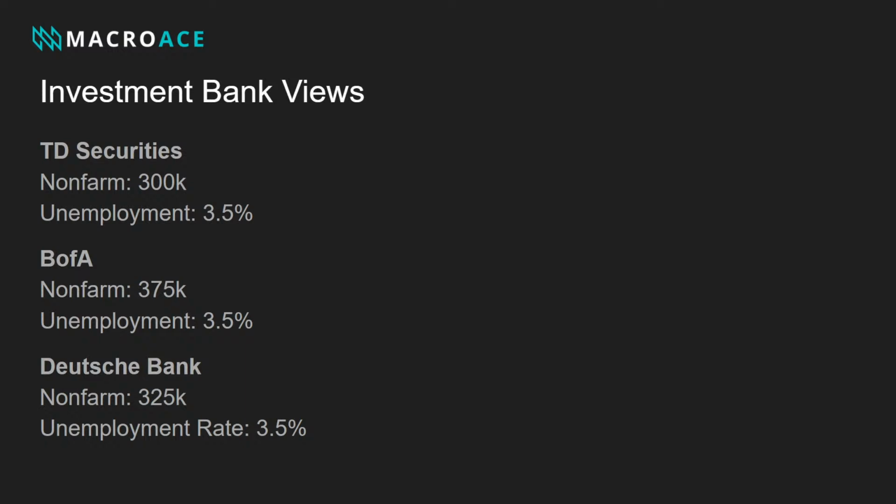So TD Securities sees the non-farm figure coming in at 300k. Bank of America sees it coming in at 375k, and Deutsche Bank sees 325k. So, as said, the median forecast from economists is 318k, but all of these investment banks are expecting a tick down in the non-farm payrolls figure compared to the prior figure. Remember, the prior figure for the release is 428k.